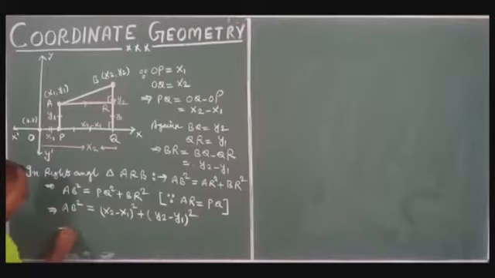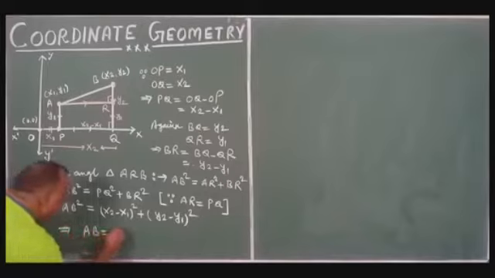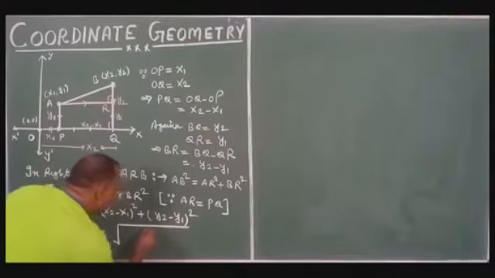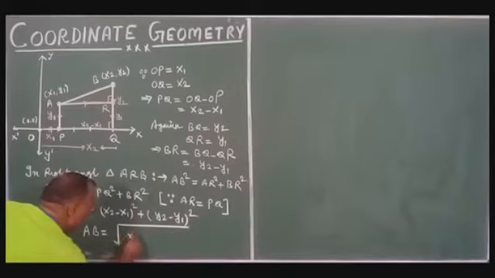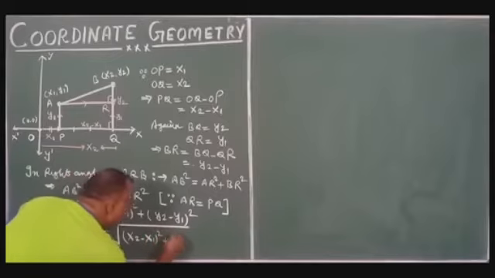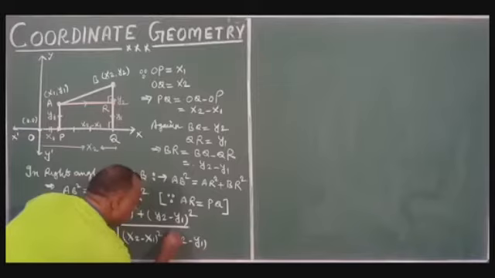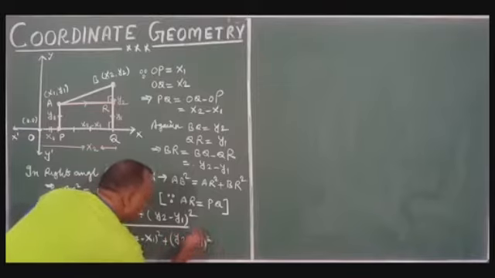It means AB will be given by the square root of x2 minus x1 whole square plus y2 minus y1 whole square.